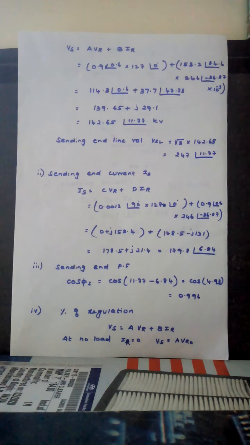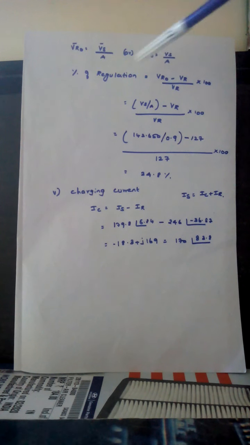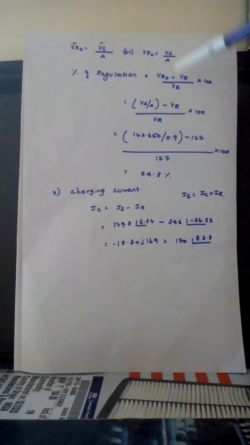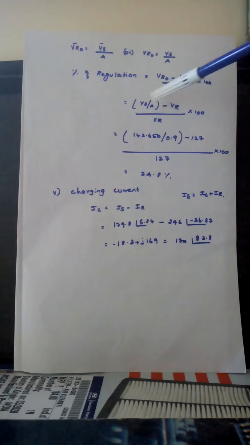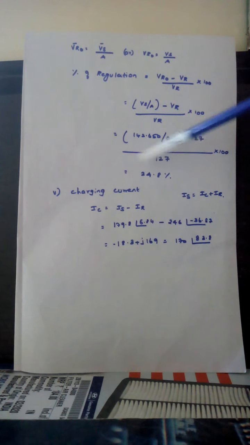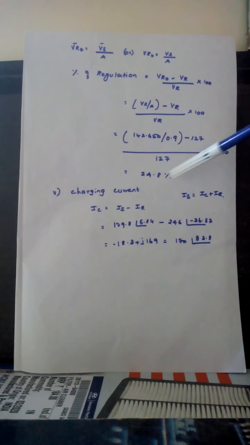So receiving end voltage at no load is Vs divided by A. Percentage regulation is VR at no load minus VR at full load divided by VR at full load. VR at no load we got as Vs by A. So Vs by A minus VR divided by VR. We know Vs is 142.65 divided by A value 0.9, and VR is 127. So we are getting percentage of regulation as 24.8.